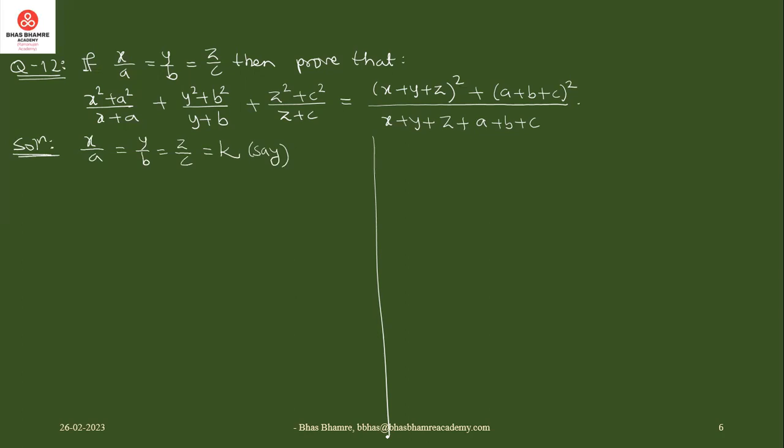Then we have, therefore, z upon c is k, which implies that z is equal to ck. y upon b is k, which implies that y is equal to bk. x upon a is k, which implies that x is equal to ak.